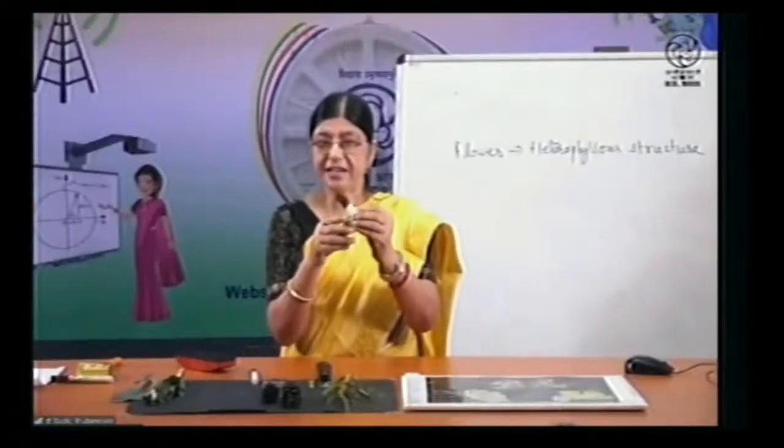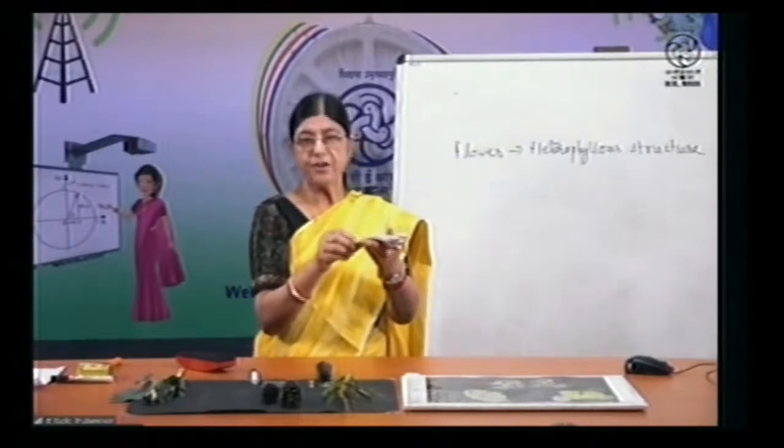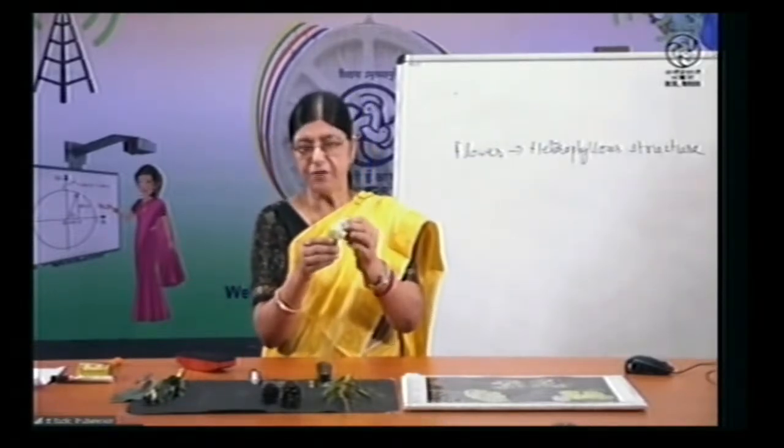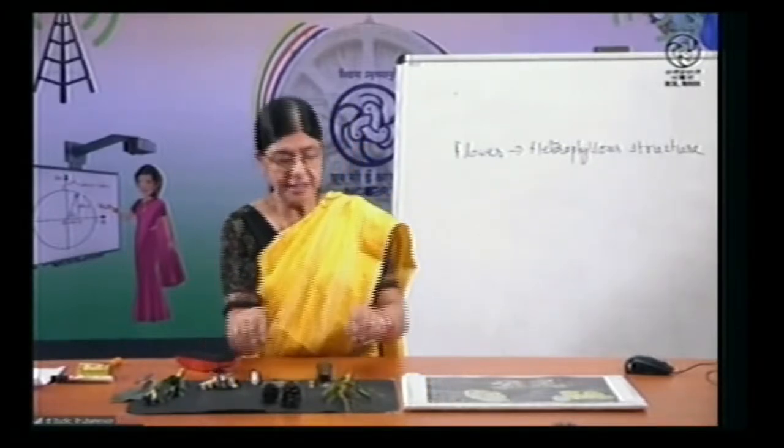In this flower, I have removed some, otherwise 5 stamens were there, which were also attached with the petals. So here you find all the stamens in a flower; together they constitute the androecium. So androecium constitutes the stamens of a flower. Understand?